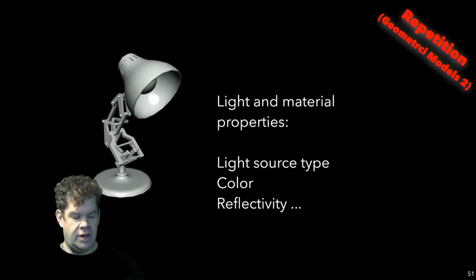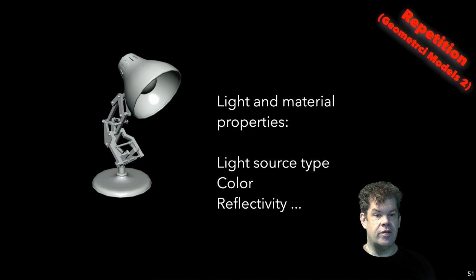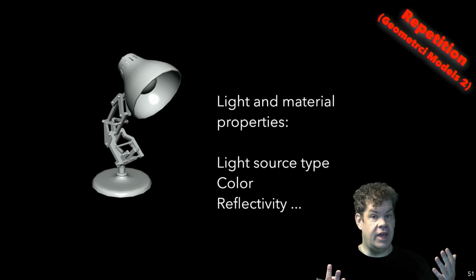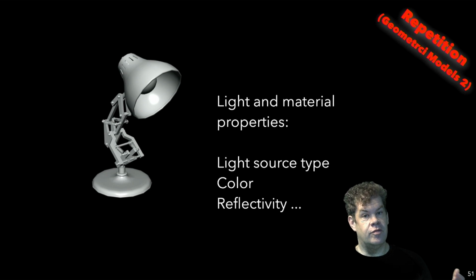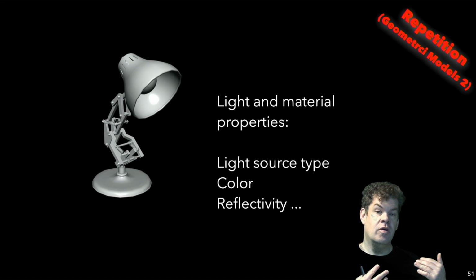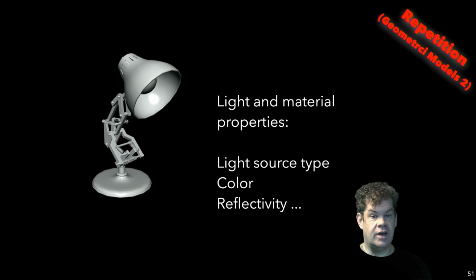Another thing I've also explained before is, what does it take for a lighting to be computed? It takes a couple of parameters on top of the vertices. For instance, we need to know where the light sources are located, what type of light sources they are, what color they have, and there are a couple of other parameters for surfaces, such as the reflectivity.